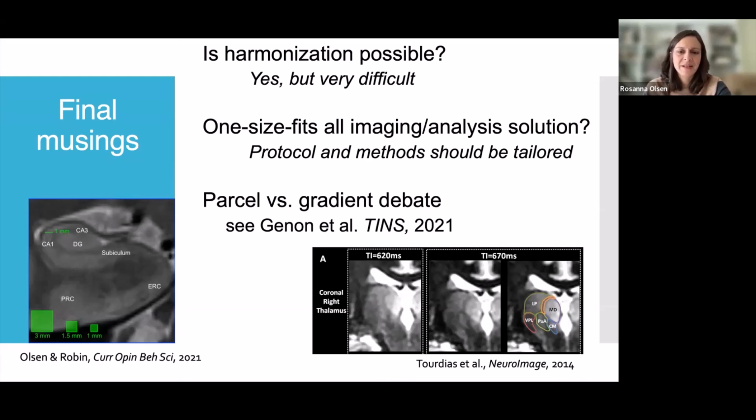Gradient mapping methods have recently been applied to areas like the medial temporal lobe, maybe the thalamus, but I'm not sure, and also to the neocortex, showing that maybe there are not stark differences between one region and the next. Again, I'm not sure this applies as much to the thalamus, but in the cortex, at least, there can be smoother gradients between these different regions. This is a paper by Sarah Genon that addresses this issue.